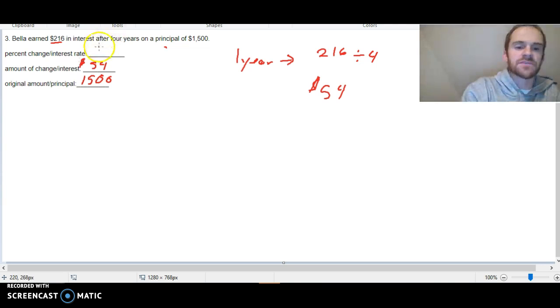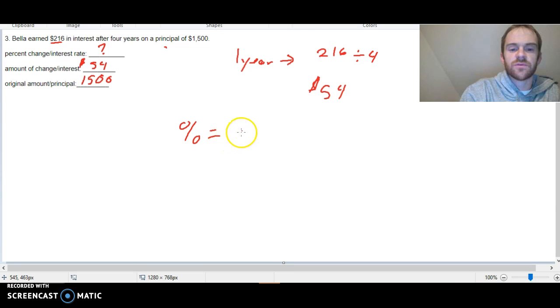Alright, so I'm trying to find what is my percent change, what is my interest rate? And so interest rate or percent change is equal to my change or interest divided by my principal or my original amount.